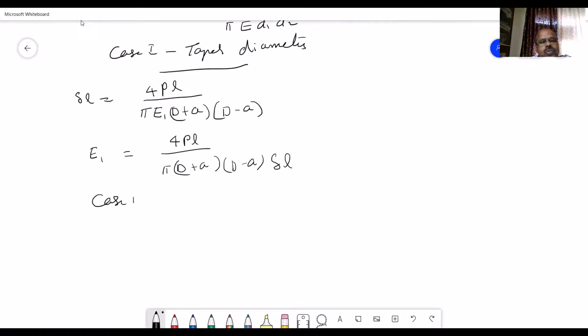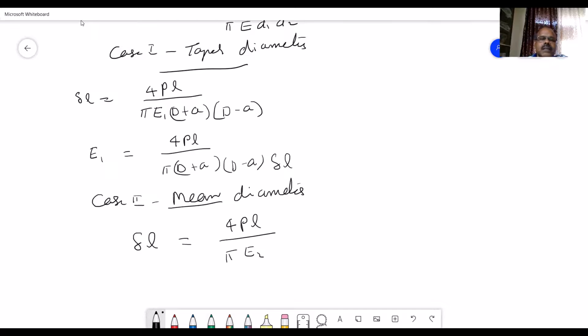Now in case 2, we are considering the mean diameter for calculation of Young's modulus. So delta L as per the mean diameter will be 4PL divided by pi E2 D1 D2, where E2 is the Young's modulus for the mean diameter, and D1 and D2 are both D only. So D into D is capital D square.